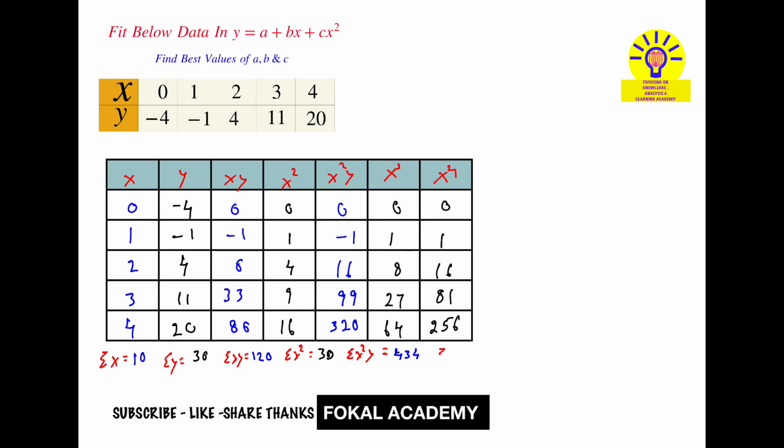Next summation of x cube, so this column by summing all the values will get 100. Next summation of x power 4, last column, that will be equal to 354. Now write normal equations, means apply summations for the given equation.